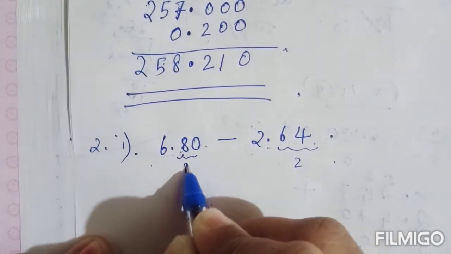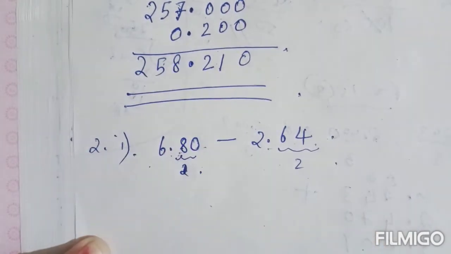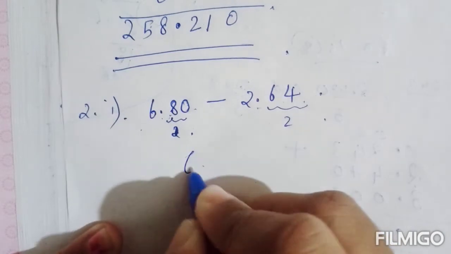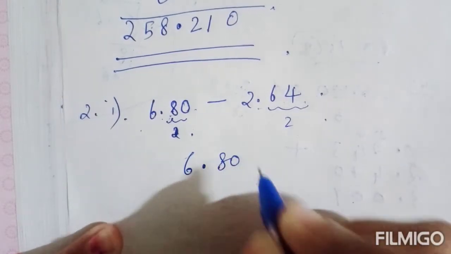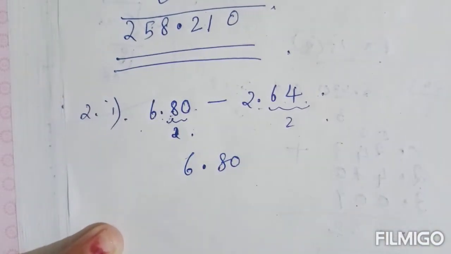Now the number of decimal places is 2. 6.80 you can write. On subtracting you can write like this in the same column. The places should come in the same column. Like that you can arrange the numbers column wise.